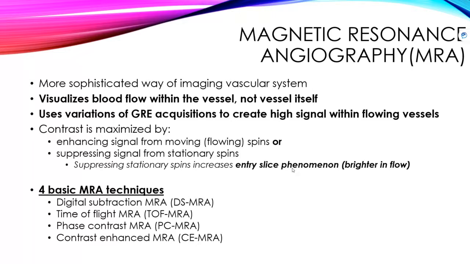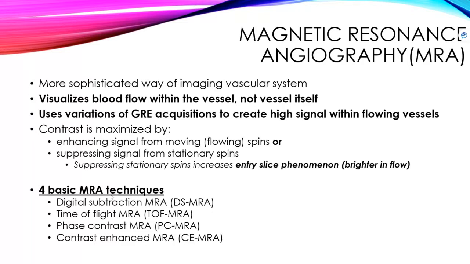The best way to make up for it is to make sure that you are going counter current. Because if you go counter current, where you're acquiring your slices opposite the direction of blood flow, you're going to have brighter signal in the vessels longer, because your blood is going to be fresh longer because it hasn't been excited over and over and over again.